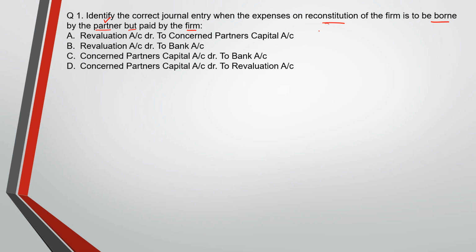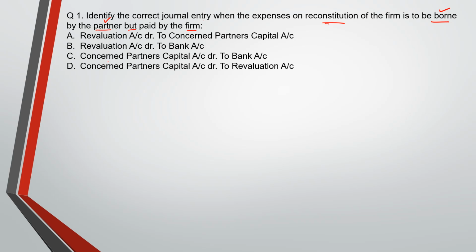But these expenses were the responsibility of whom? The partner. So he is supposed to give it back. How do we recover something from the partner? When something has to be given to the partner, we credit his capital account, and if something has to be recovered, we debit the partner's capital. As it has been specifically given that the expenses on reconstitution are to be borne by the partner, the amount is recoverable from the partner.